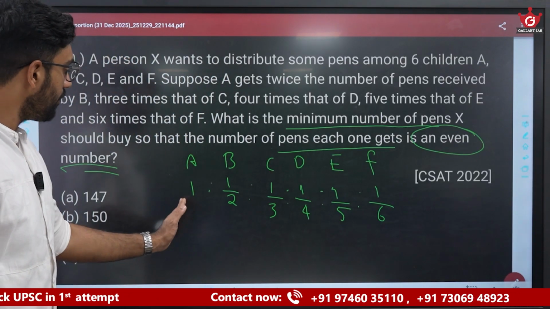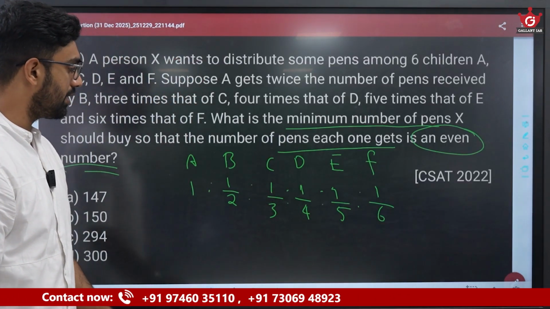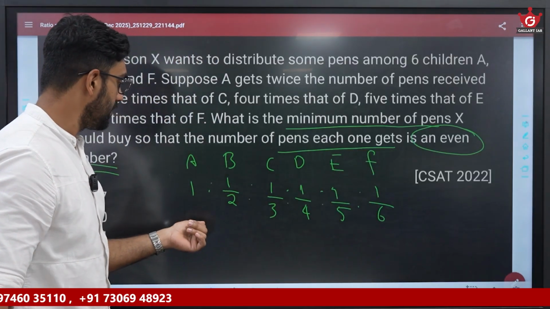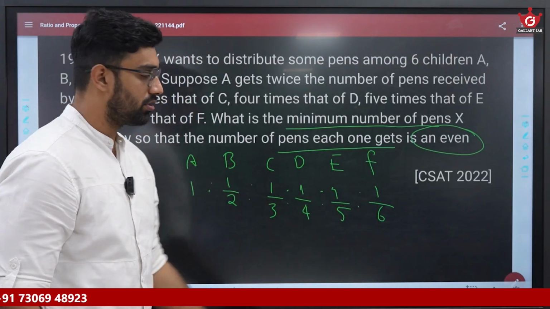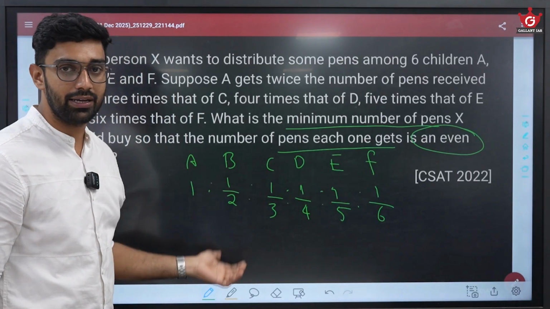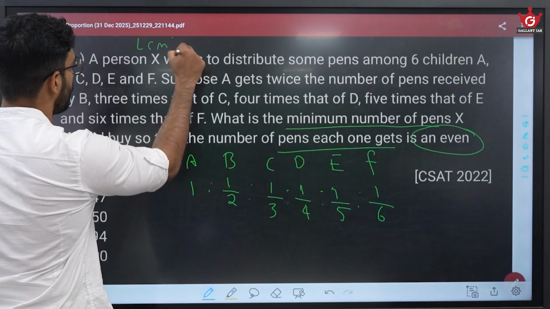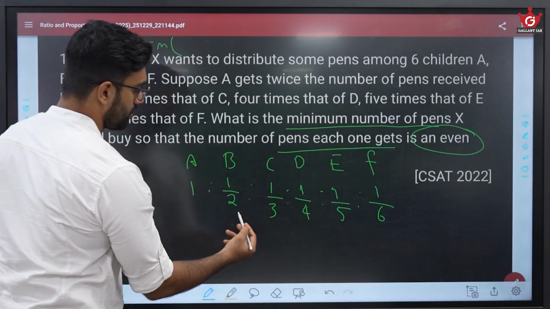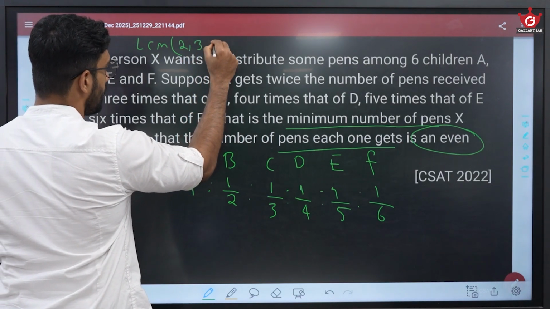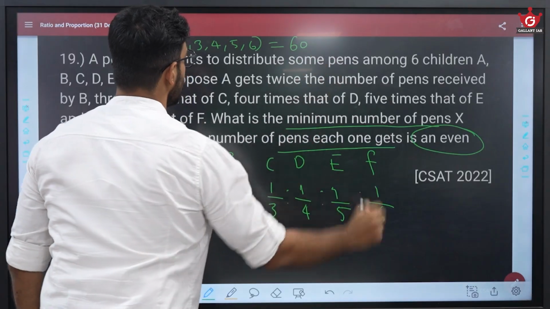Now we need to change it into integers. For that, I am multiplying the whole proportion by the LCM of the denominators, so that all of them become integers. The LCM of 2, 3, 4, 5, 6 is equal to 60.